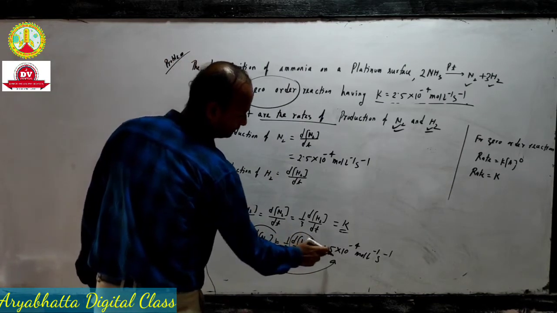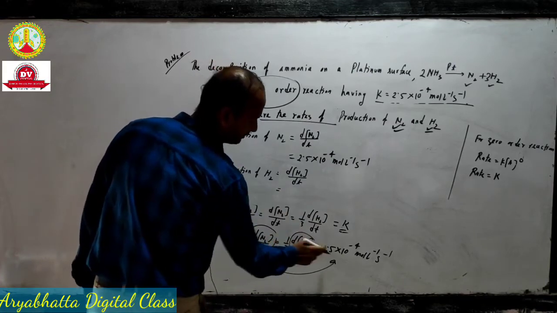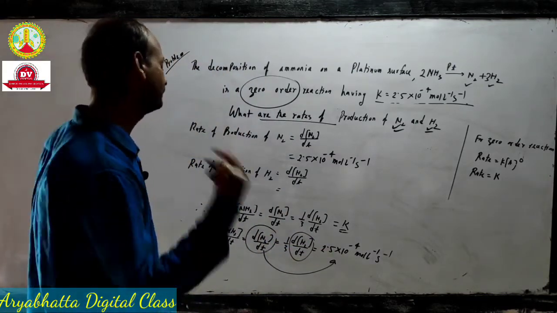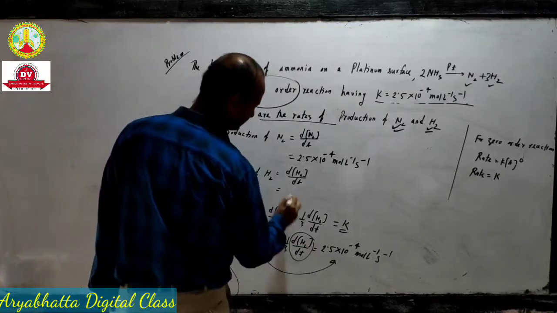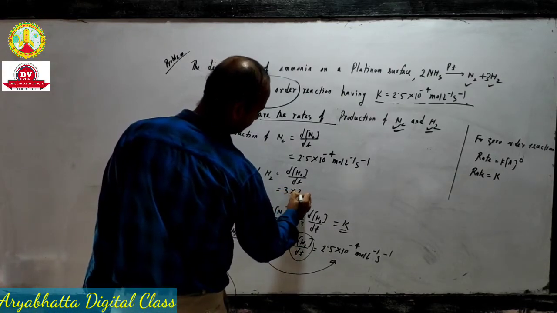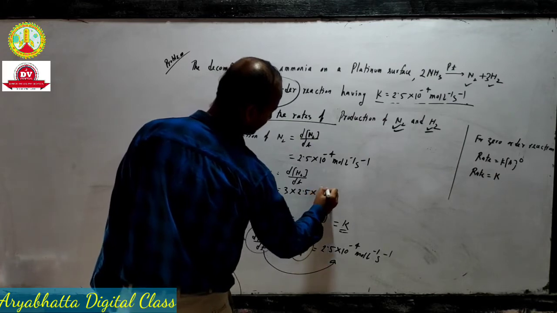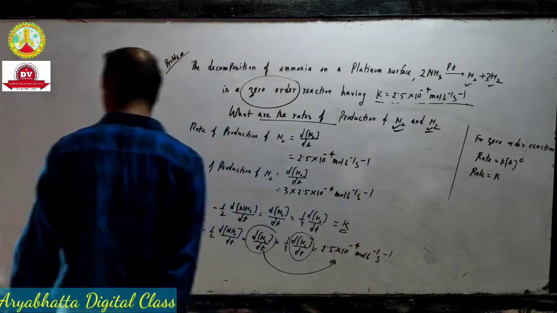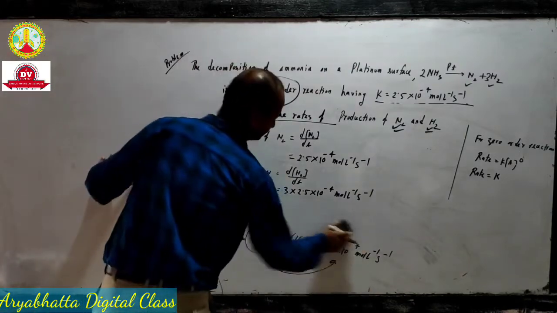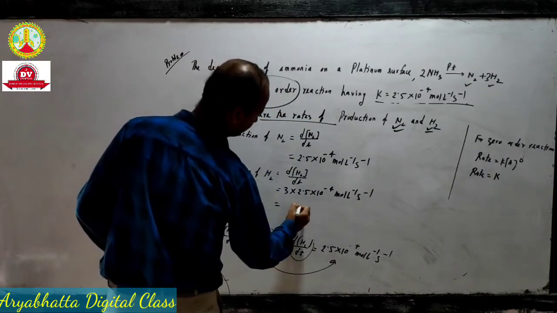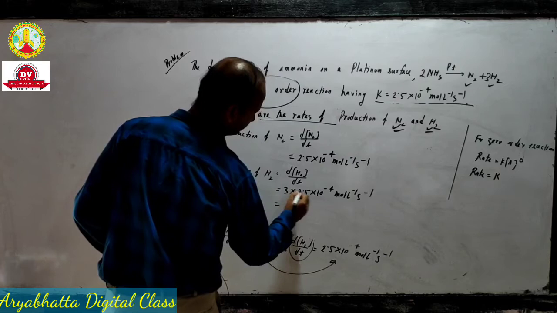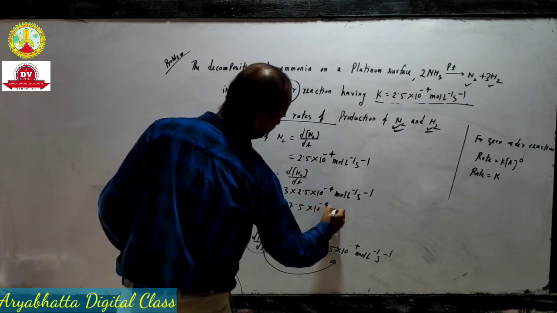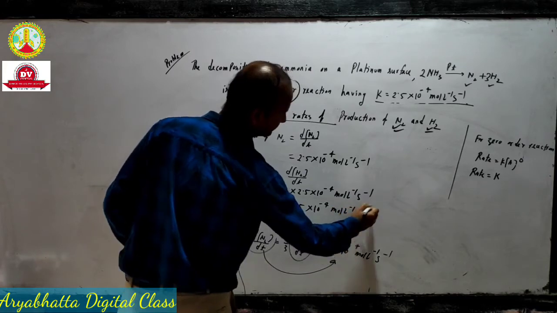This 3 will be multiplied with this term. I have done many numericals of this type in the previous class. So 3 into 2.5 into 10 to the power minus 4 mol liter inverse second inverse. 3 times 2.5 is 7.5, so this will be 7.5 into 10 to the power minus 4 mol liter inverse second inverse.